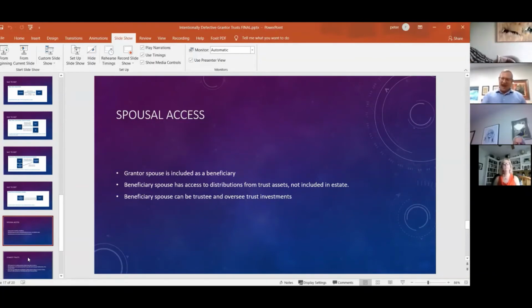So again, going back to what we talked about at the beginning, these are very flexible planning tools. So if we do need to get income back to the grantor, we can set that up in a way that oftentimes the spouse has access to it.